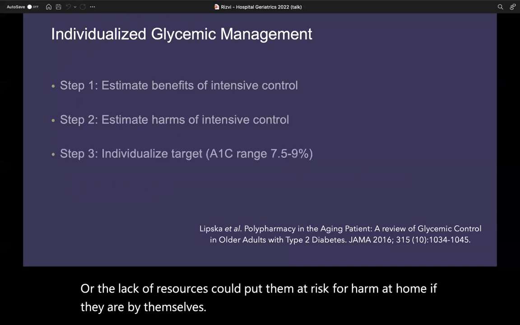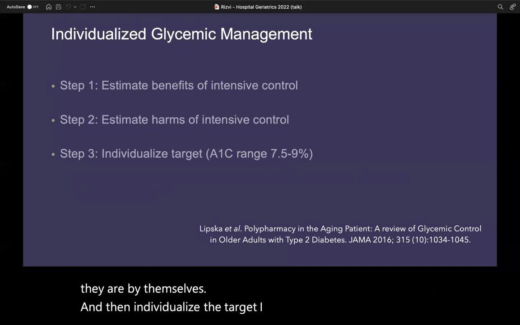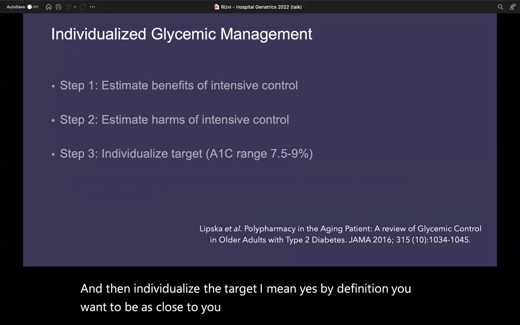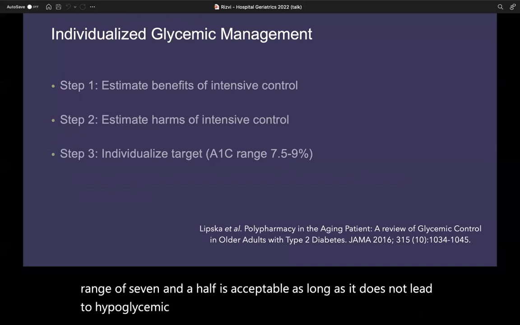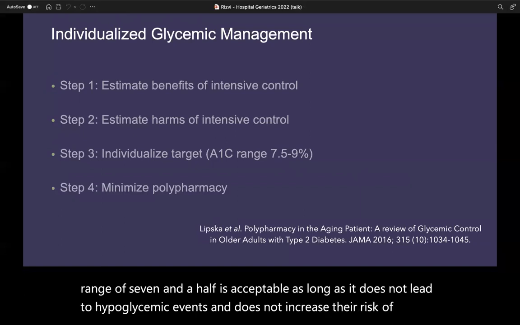And then individualize the target. Yes, by definition, you want to be as close to less than 7 as possible. But for the older patient, even a range of 7.5 is acceptable, as long as it does not lead to hypoglycemic events and does not increase their risk of mortality. And minimize polypharmacy.